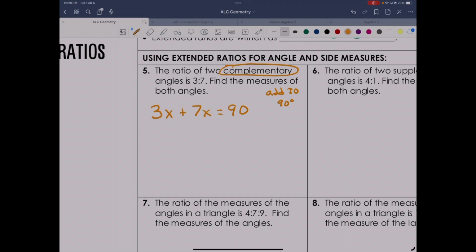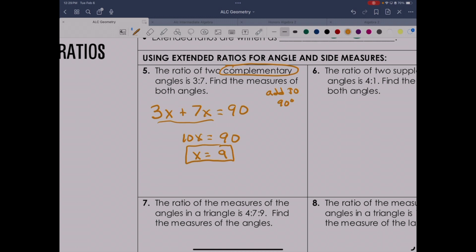That x value is going to be the same. Now we have to solve that x value. So 3x plus 7x is 10x. So 10x is equal to 90. Divide by 10. X is equal to 9. Okay, so that's my x value.